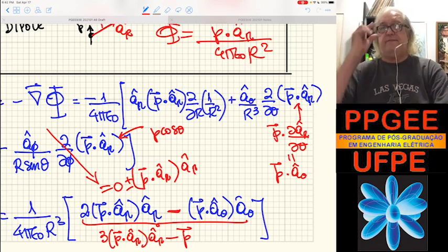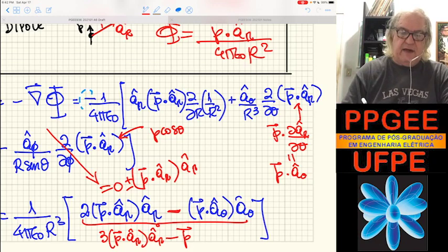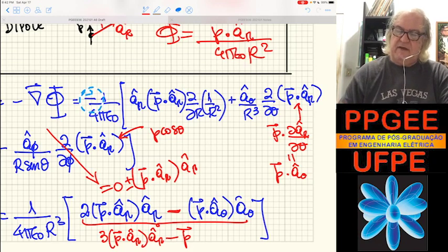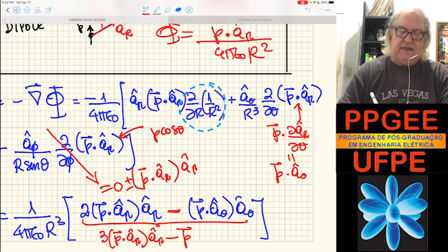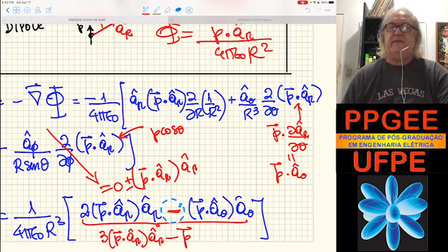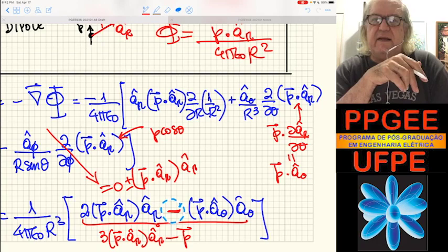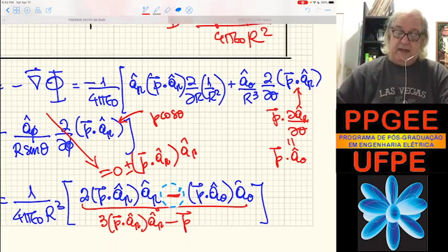So just continuing, we have a minus sign that comes from here in front of this term. The derivative here was minus, with minus is plus, and the derivative here was plus, so we have a minus here. So please fix that in the class note. I hope I can remember to fix the class note myself too.